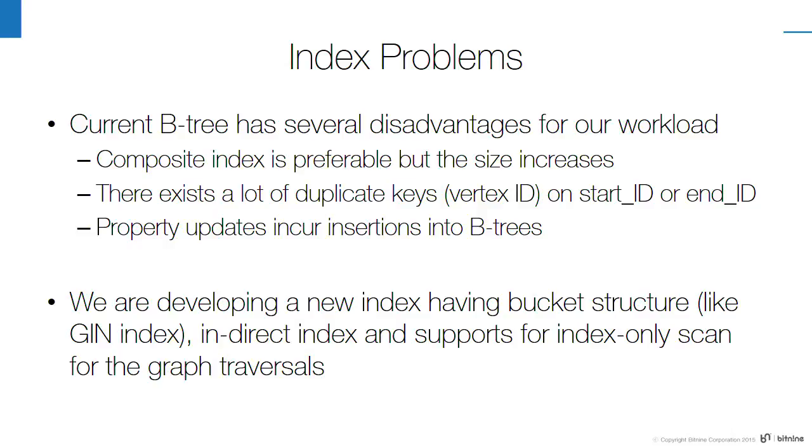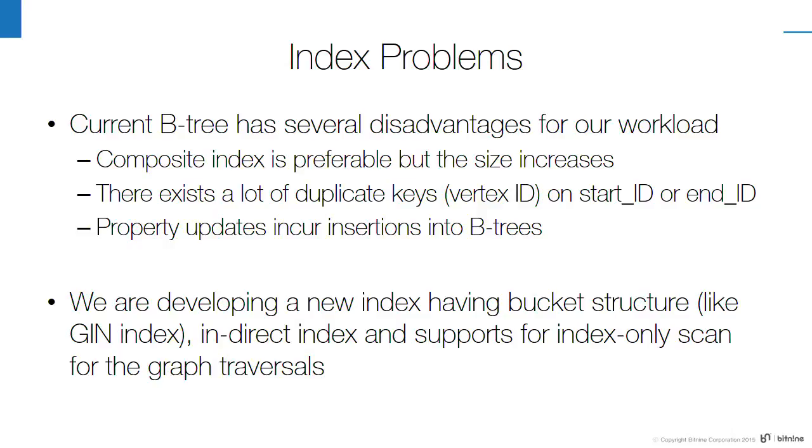And due to the nature of the Postgres index, if the property values of an indexed row are updated, then all related indexes should be inserted. So it is not good for OLTP. I know indirect indexing is being discussed in PG Hackers, and we need a similar feature in AgensGraph.